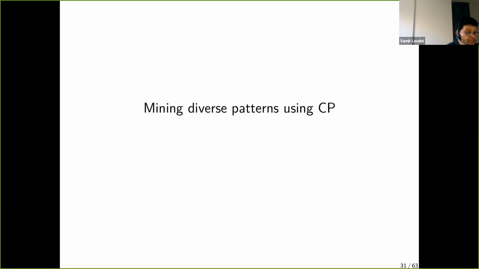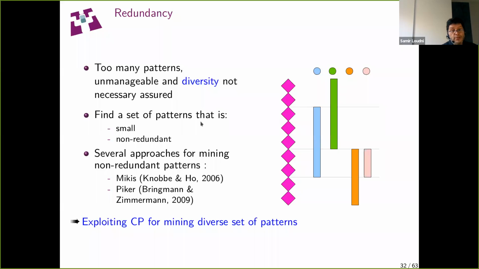So we need to produce a small set of patterns with limited redundancy. This is the challenge we would like to address: to find a set of patterns that is small and non-redundant. In other terms, we would like to find more diverse patterns.